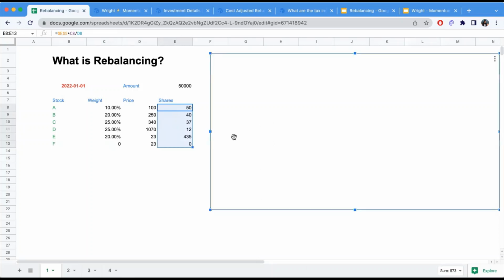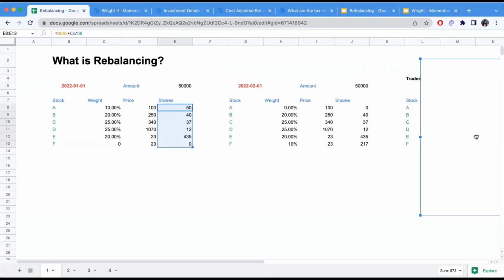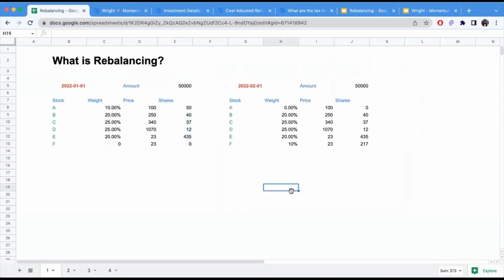Now, obviously, when we rebalance, let's suppose this is your allocation on 1st January 2022. One month later, we will change the allocation. So let's say our model says that let's remove A and add allocation to F. Remove stock A and add stock F. Again, depending on their share prices, you will get a difference in number of shares.